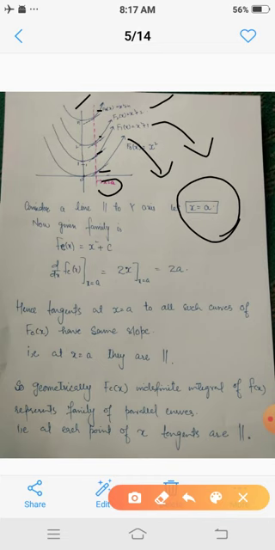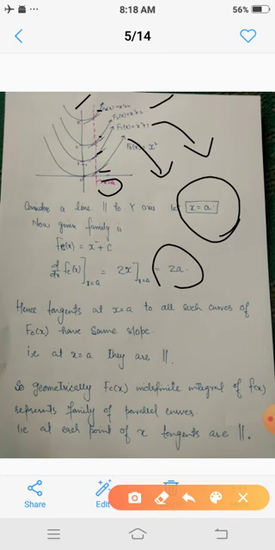Also, for each and every curve of this collection, d by dx of F_c of x, that is the derivative of this infinite collection of curves at x equals a, is 2a. This means that the slope of tangents to each and every curve of this collection at x equals a is 2a.